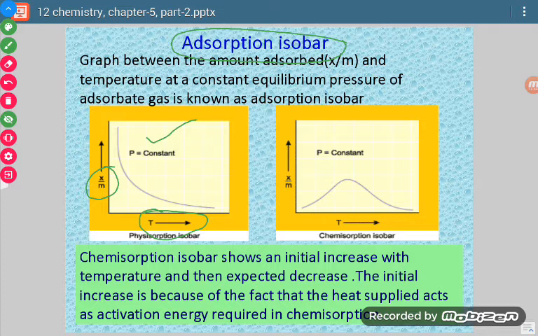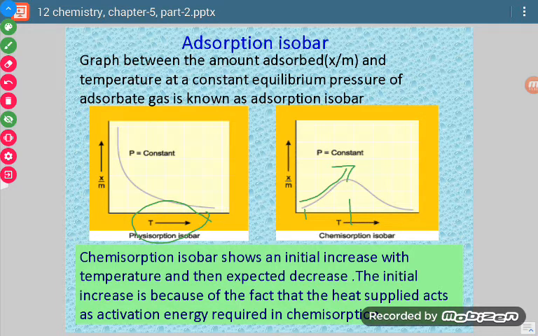So if there is physical adsorption, the extent of adsorption decreases with the increase in temperature. But if it is chemisorption, then in the beginning it needs some temperature so that bonds can form, so it increases at first.